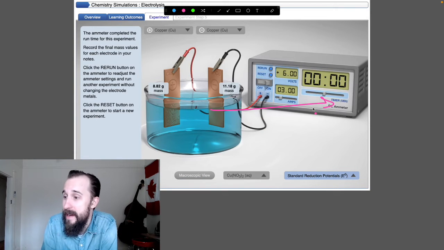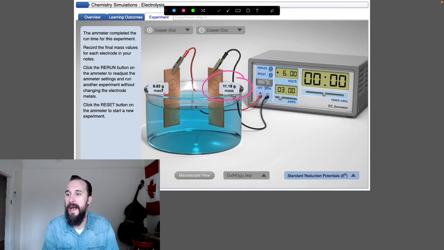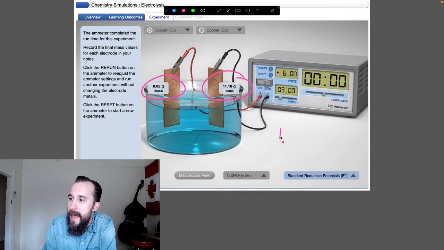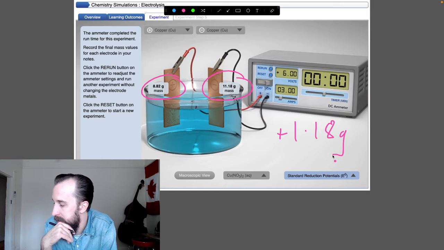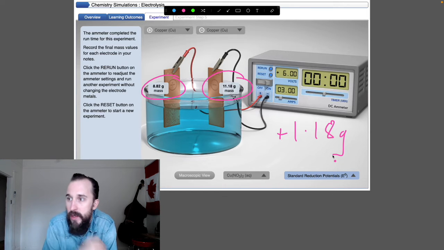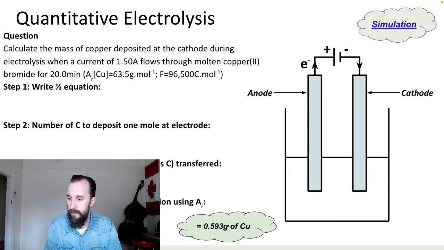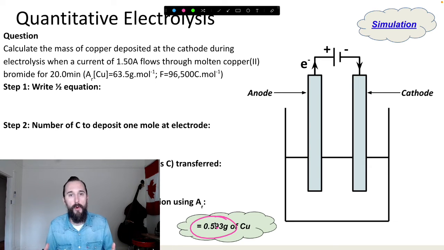And then at the end of our quantitative electrolysis, we can see that our weight difference, our negative cathode there, has gained 1.18 grams. It started at 10 grams, we've gained 1.18 grams, which is twice what we had over here. 0.593, multiply that by 2, you're going to end up with, give or take, 1.18.